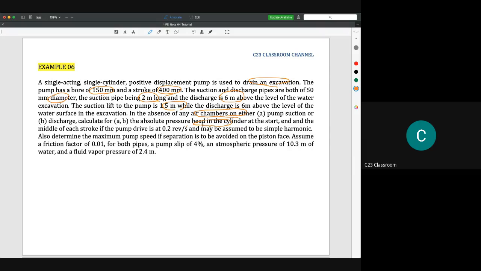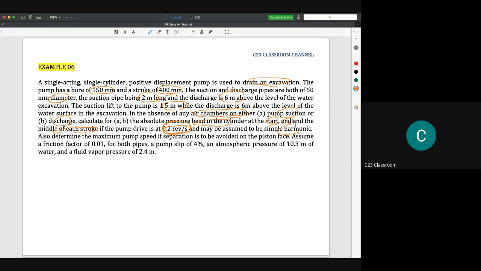We need to calculate the absolute pressure head in the cylinder for pump suction and discharge at the start and the middle of each stroke, if the pump is driven at 0.2 revolution per second. Please be careful about these units, because it's already in seconds, so you cannot use the idea of 60 divided by 60. Assume the motion to be simple harmonic.